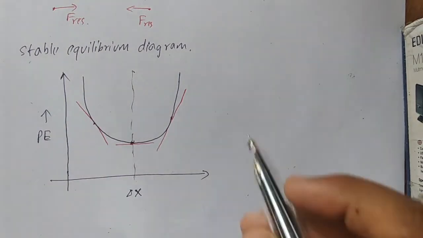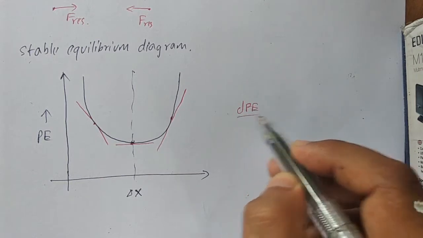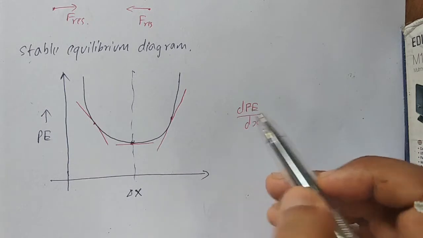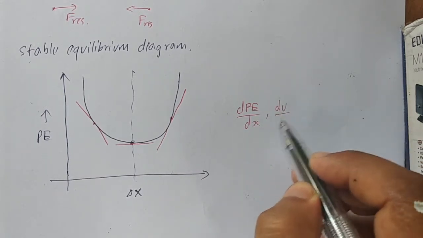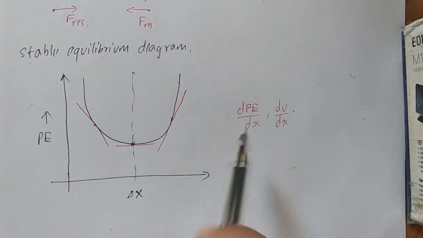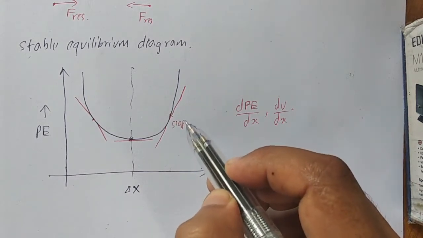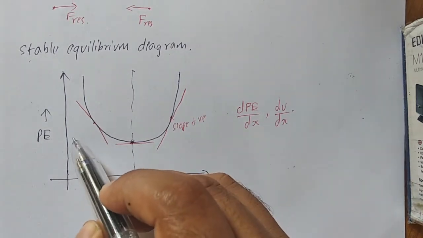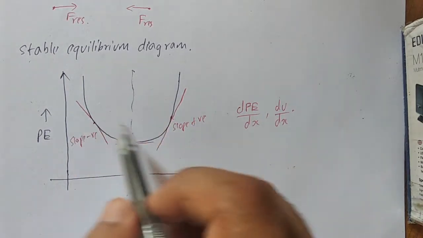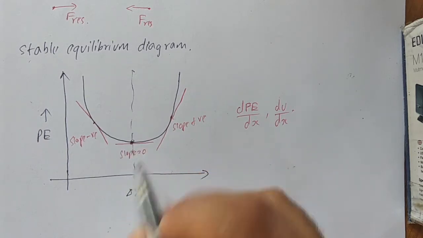The slope is between the potential energy and the displacement, which is du by dx. Potential energy can be represented by U. So the slope is positive on this side, negative on the other side, and at the center the slope is equal to 0.